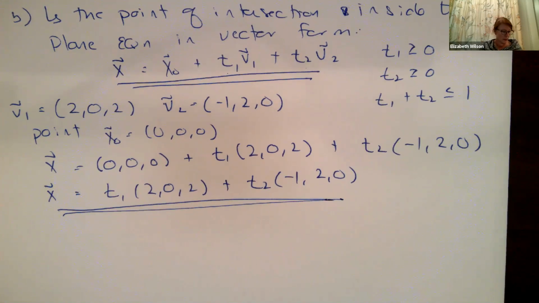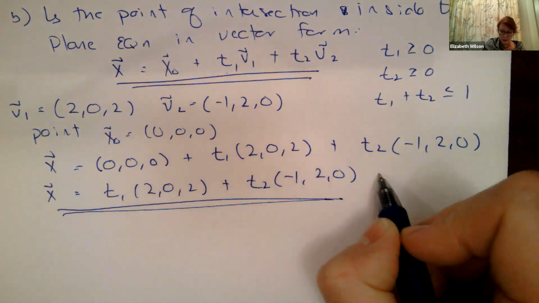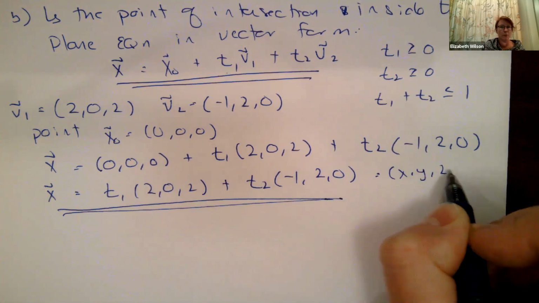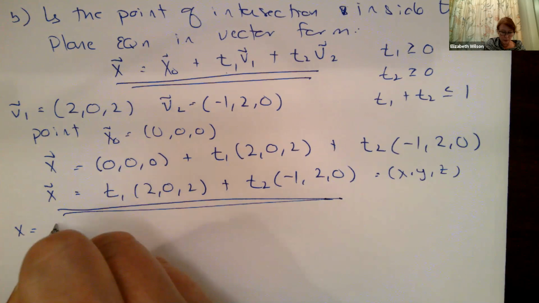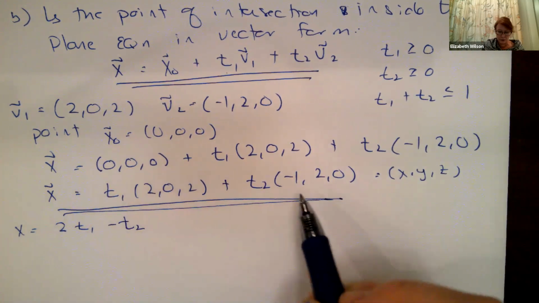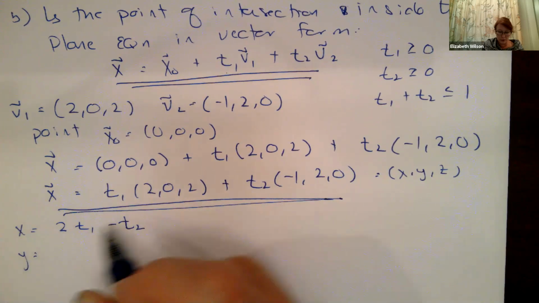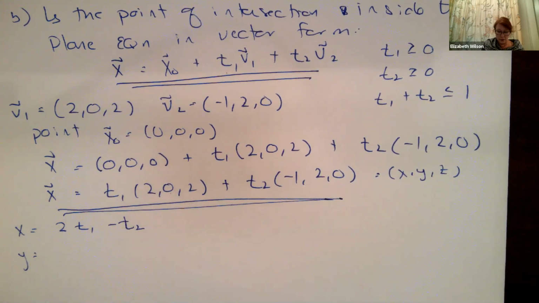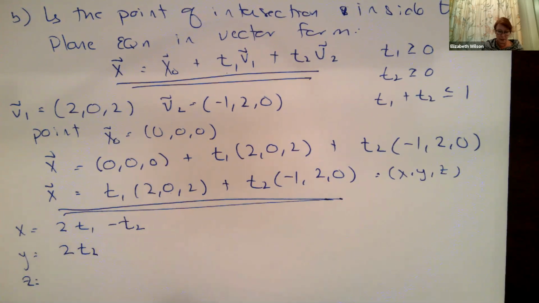Okay, so now I need to break this down into my x, y, z components. I'm going to say x is equal to 2t1 minus 1 t2. I took all of just my x components. Okay, my y components, 0 times t1 plus 2 times t2. And my z is 2 times t1 plus 0 times t2.